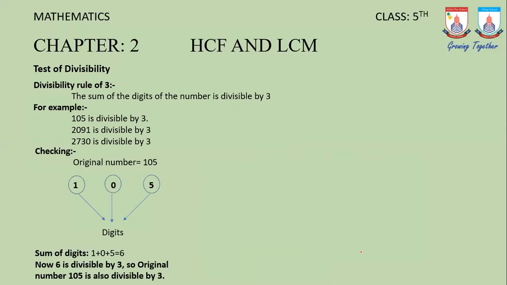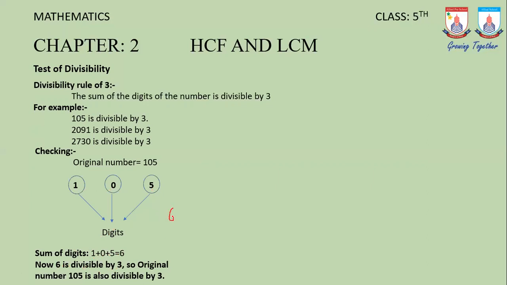For example, 105. The original number is 105. If we sum its digits, 1 plus 0 plus 5 is equal to 6. Now we know that 6 is divisible by 3.